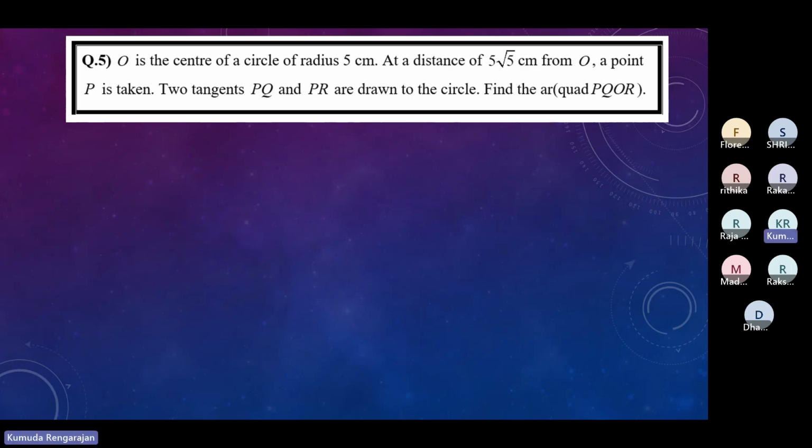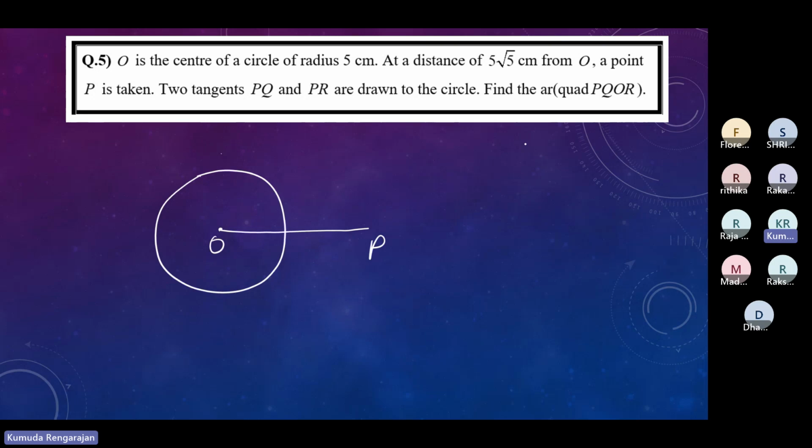O is the center of a circle of radius 5 centimeters. At a distance of 5√5 centimeters from O, a point P is taken.